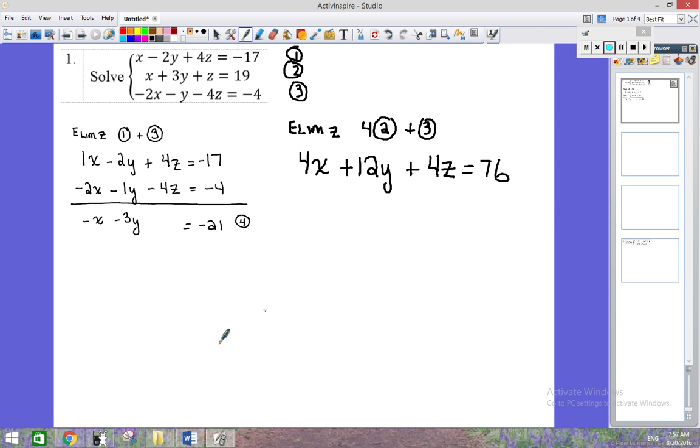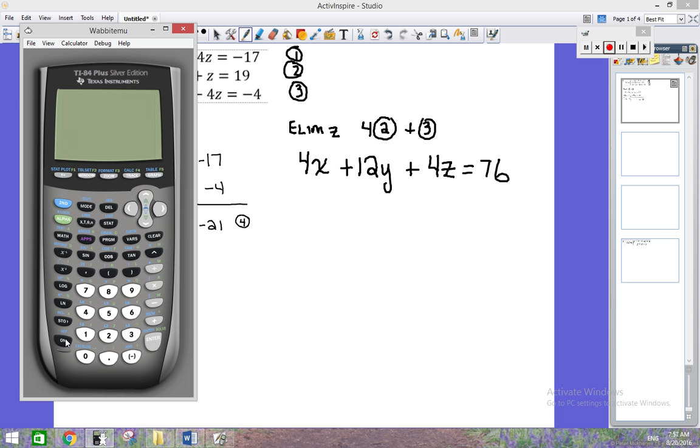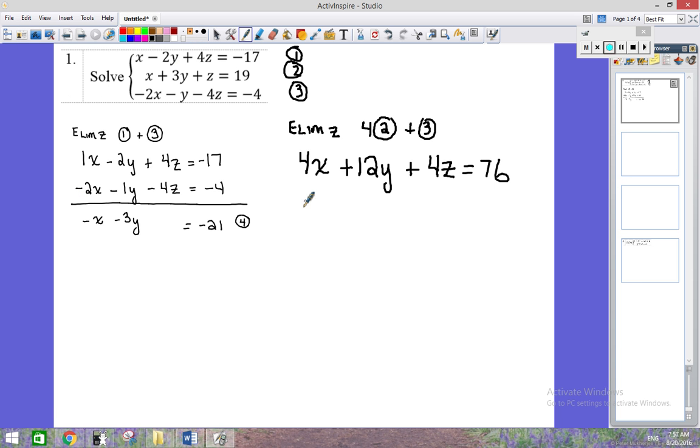is that 70? I better check that. Yeah. Alright, equation 3. So if I add these equations together, I just go along column by column, and I get a 2x and 11y.